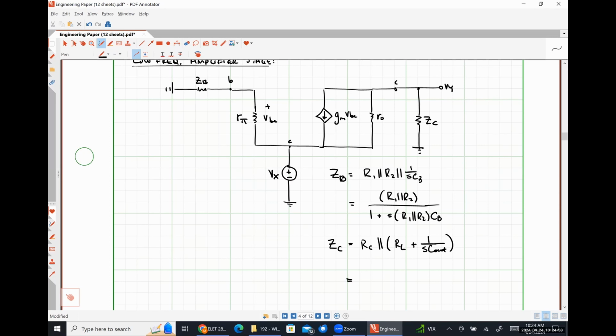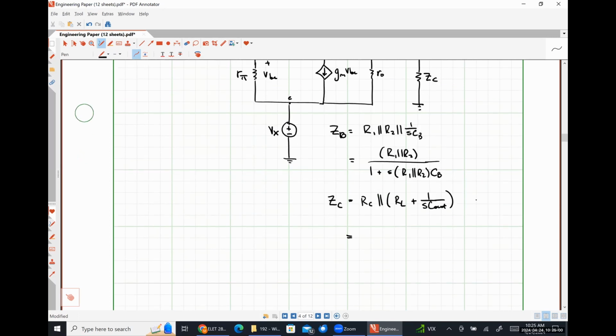And using literally the results from when we saw this earlier, we're going to have RC times 1 plus S RL C out divided by 1 plus S times RC plus RL times C out.